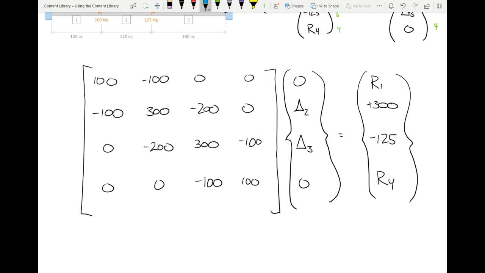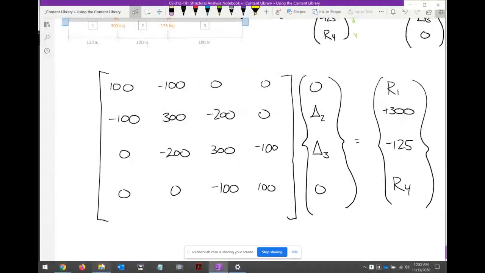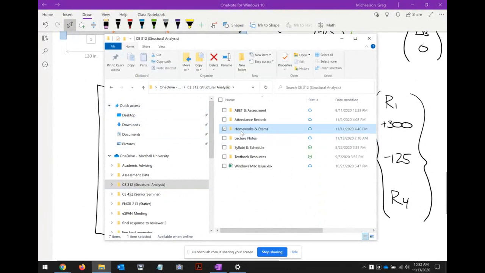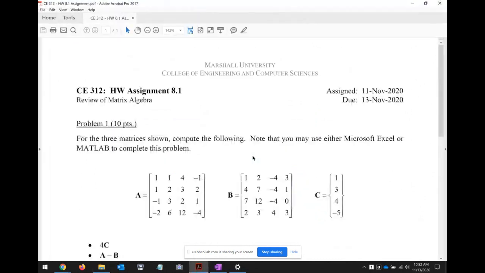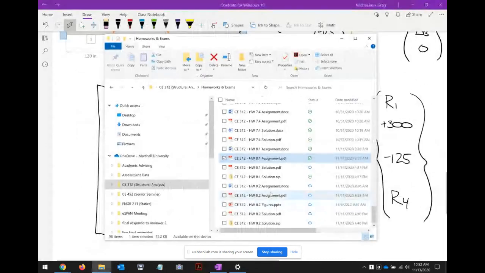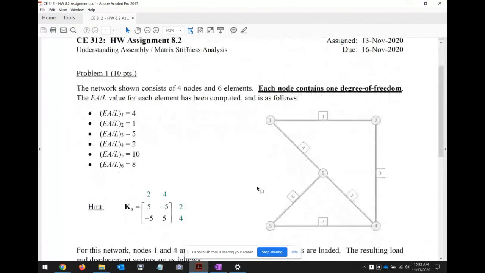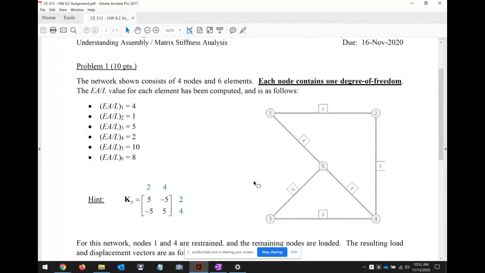Let me pull it up. I know we're really running out of time, but I want to pull this up. Oh, wrong one. So the idea is I'm giving you a system that's a little weird, but I want you to see if you can take this system and assemble it.